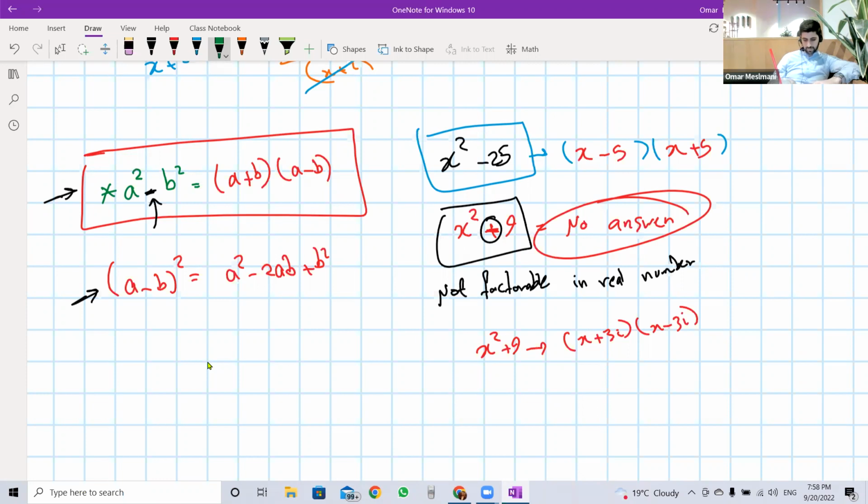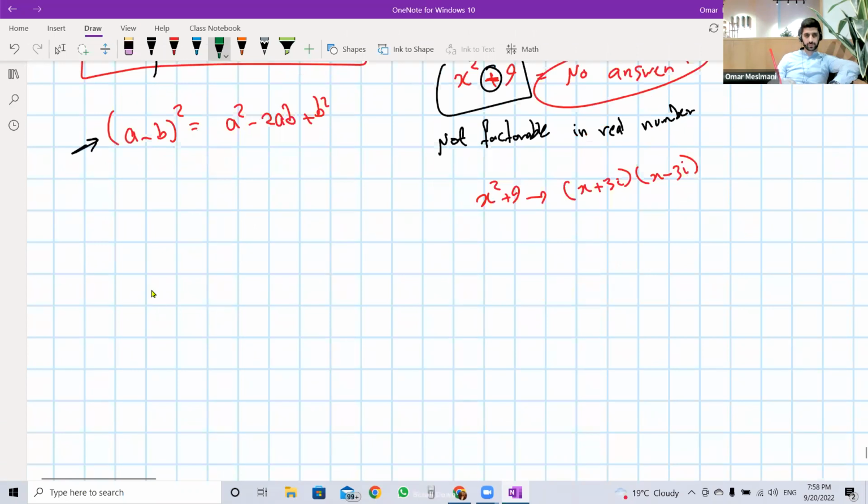Done? Yes, mister. Okay, so now the example I will give you is this. The question is simplify. Let's try to simplify this: 3x squared minus 75 over x plus 5.